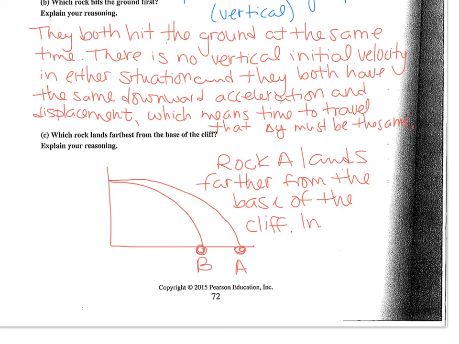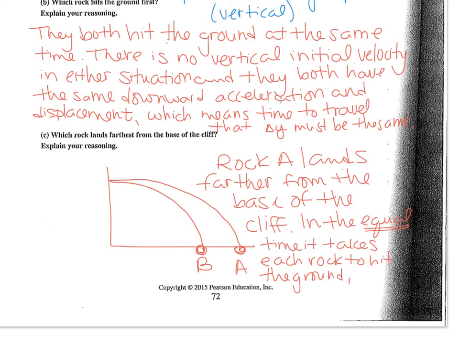This is because in the equal amount of time it takes each rock to hit the ground, rock A has a higher constant velocity.